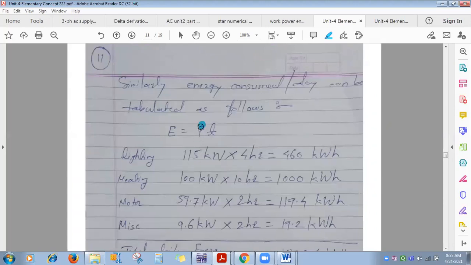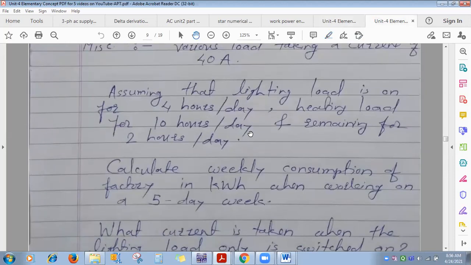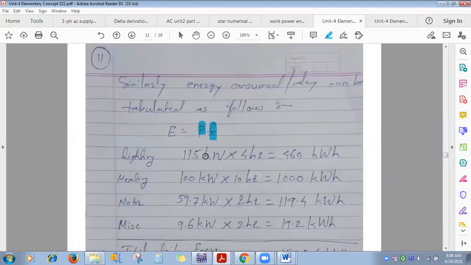Now energy is what? Power into time. So see here, this is in watt, you can calculate power. Now next, what is given here? A lighting load is on for 4 hours per day. Means whatever power you calculated in watt, if you multiply it by time, what will you get? Energy, isn't it? So for every equipment connected load, first calculate the power, multiply by the time for how much duration it is on per day.